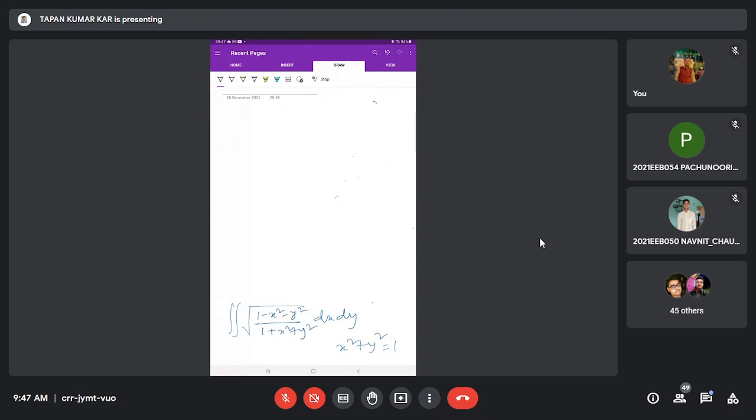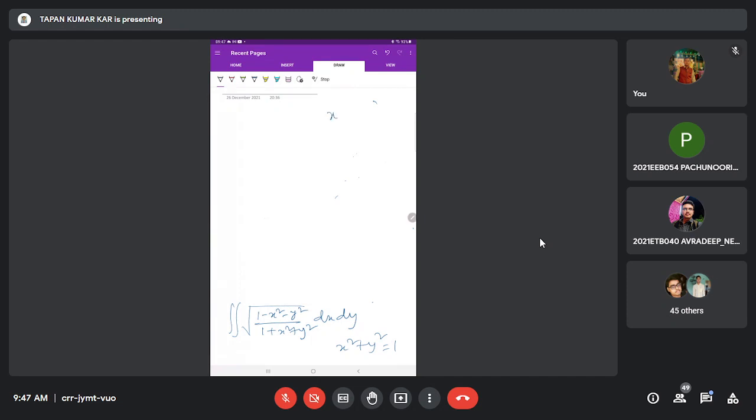So could you give any idea how we can proceed so that it becomes easier to evaluate? Sir, x equal to r cos theta, y equal to r sin theta.